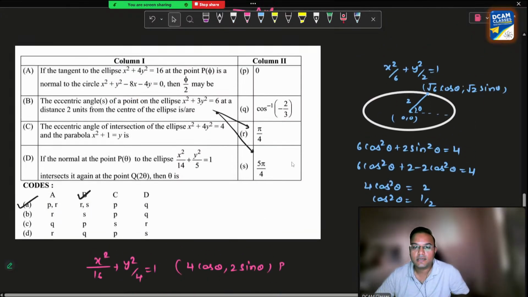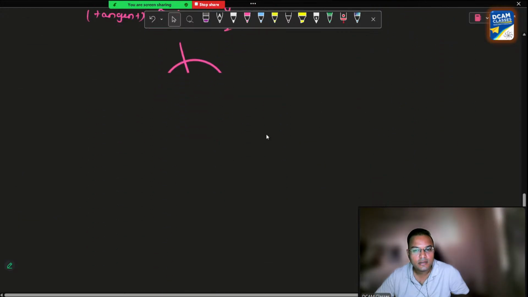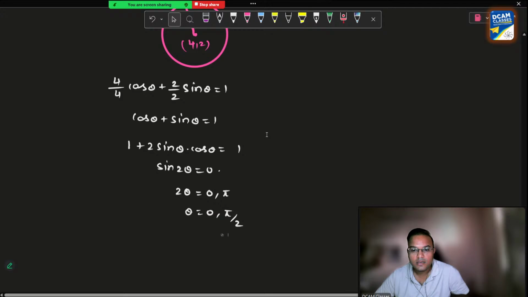But they are saying pi by 4. How is it possible?